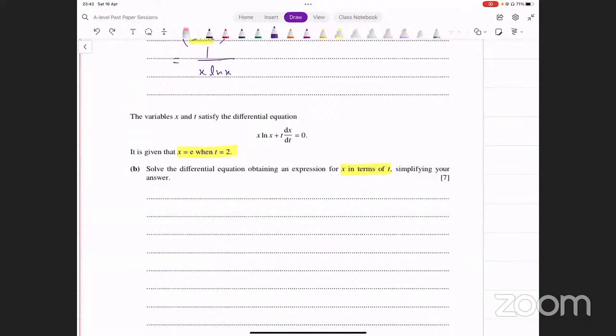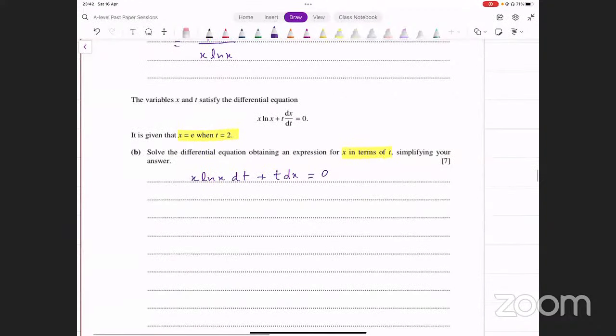इसको dt से अगर multiply कर दें तो हमारे पास इससे क्या होता है, we get x ln x dt plus t dx equals 0. अब dt को right side पे ले जाते हैं. What does that give us? That gives us t dx equals minus x ln x dt. ठीक है?